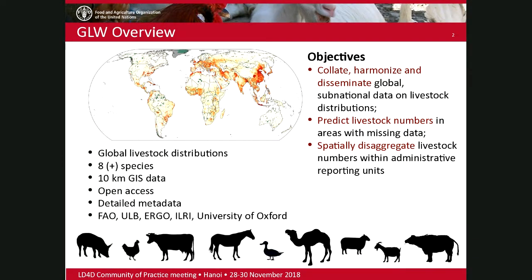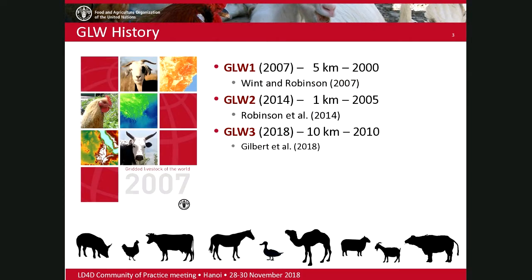The evolution of the Gridded Livestock of the World: we started off in 2007, and Willie Wint really did all the modeling work for that, and that's when we published this book after a number of years of collecting data and modeling separately for each region. That's where it started.